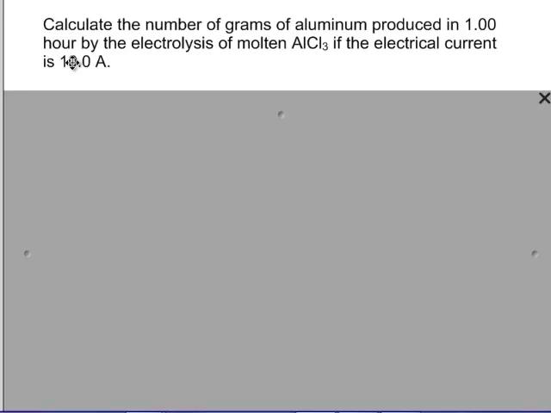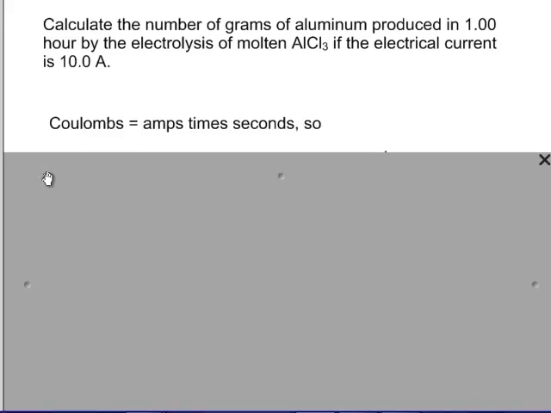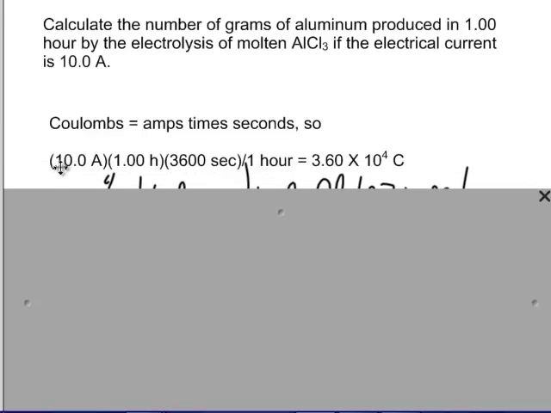So we've got amps, we've got a time, and we're looking for grams. So coulombs we know is amps times seconds. So we can say 10 amps times 1 hour, and then converting the hours into seconds, that's 3.6 times 10 to the 4th coulombs.